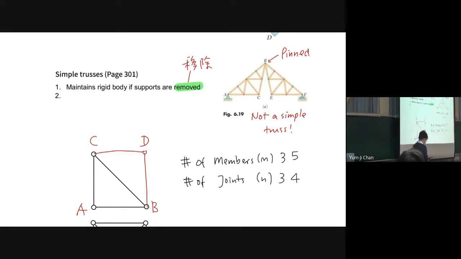Now, if we have one more joint here, we need 2 more members to fix it, right? So if we have 5 joints, then we will have 7 members.